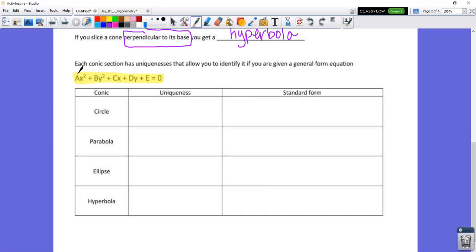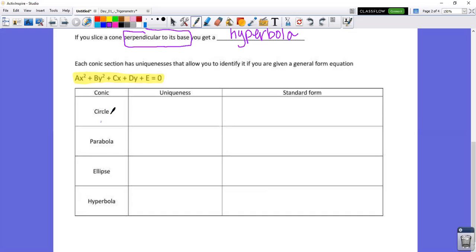So there's the x squared, and then the y squared, and then the x term, and then the y term, and then a number and equals 0. Your equations are going to start off like this, almost all of them. Depending on the coefficients and the powers, you have different types of equations.